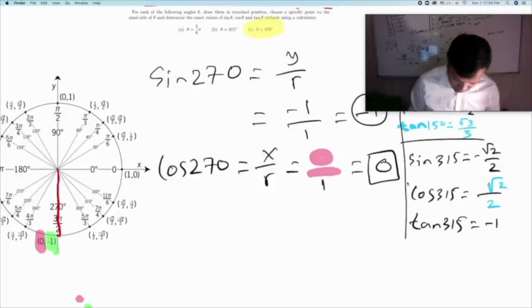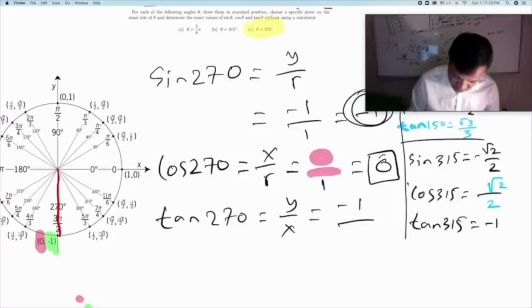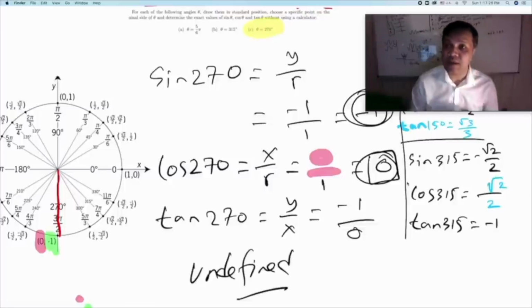Now tangent could be tricky. Tangent 270 is equal to y over x. So y is negative 1 and x is 0. Anything divided by 0 is undefined. Alright, so tangent 270 is undefined.